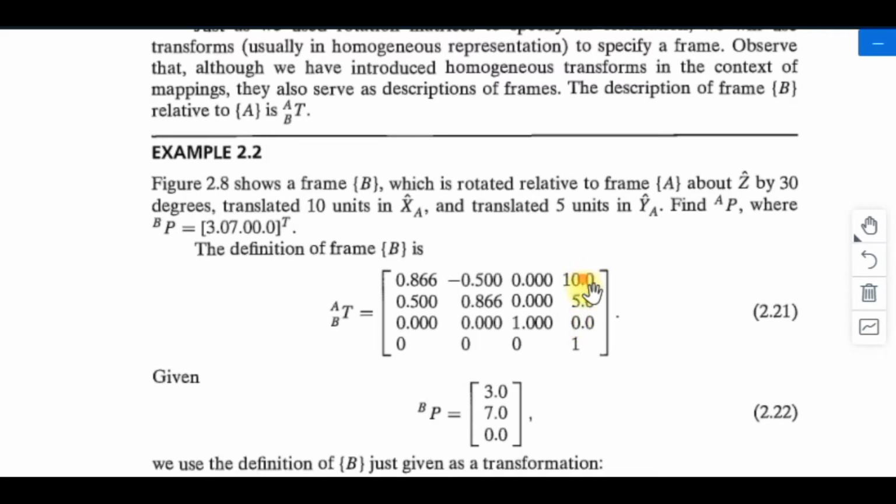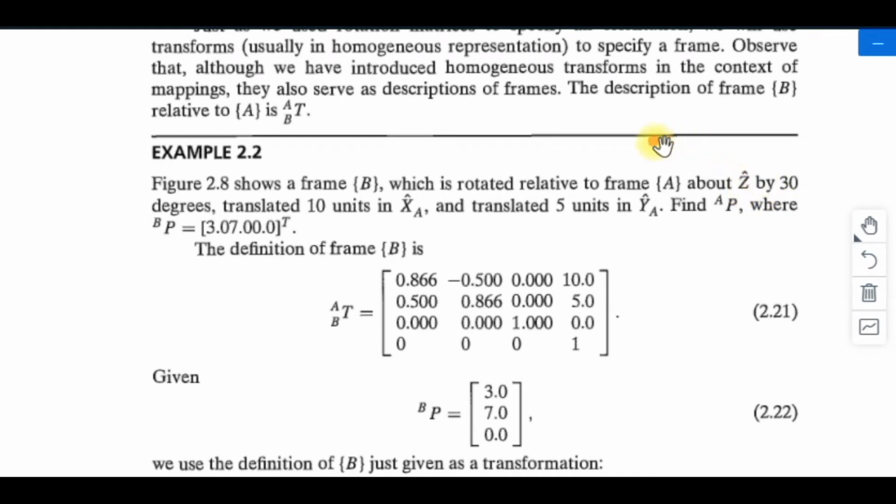So 10, 5, 0, and this is the rotational matrix which you calculated earlier, where frame B is rotated relative to frame A about Z, so RZ by 30, RZ 30.